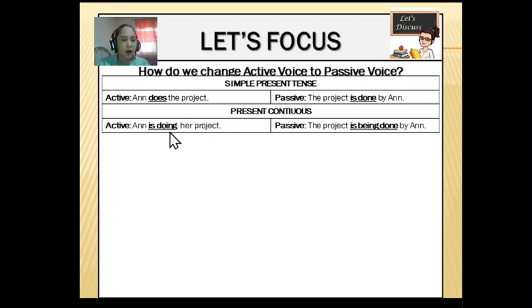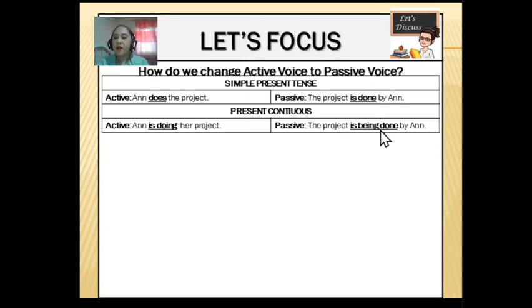Our verb is a linking verb followed by the present participle, of course, is doing, because it's a continuous form. And the object is her project. Again, we change it. The project, which is the object, becomes the subject, is being done.